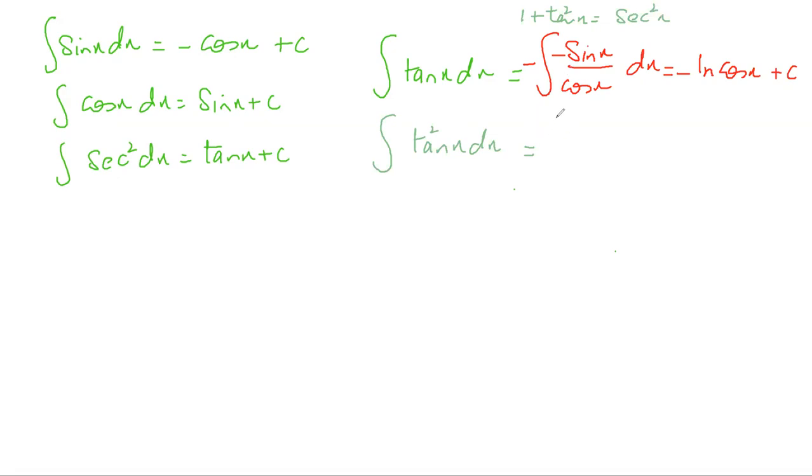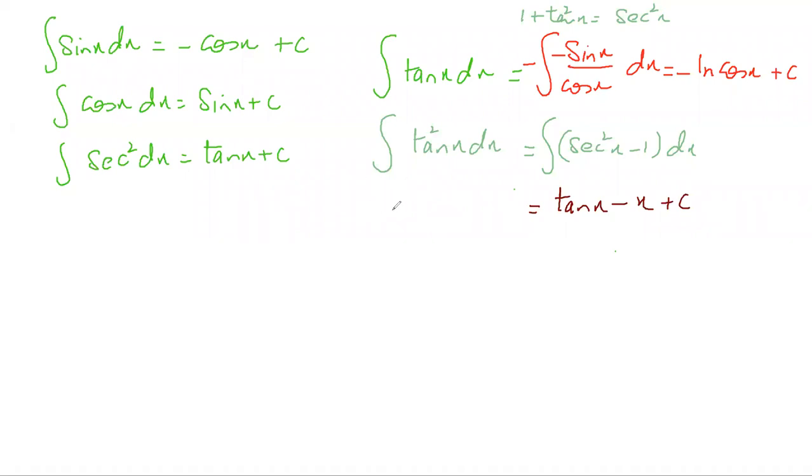This way, I can write it as the integral of secant square x minus 1 dx. Now we can integrate this. This is going to be tan x minus x plus c.